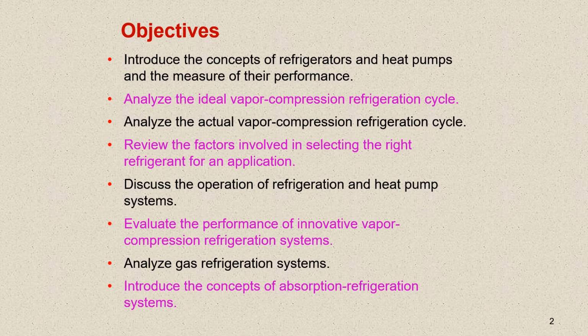We'll review the factors involved in selecting the right refrigerant for an application and discuss the operation of refrigeration and heat pump systems. We'll also evaluate the performance of innovative vapor compression refrigeration systems and analyze gas refrigeration systems. And finally, we will introduce the concepts of absorption refrigeration systems at the end of the chapter.